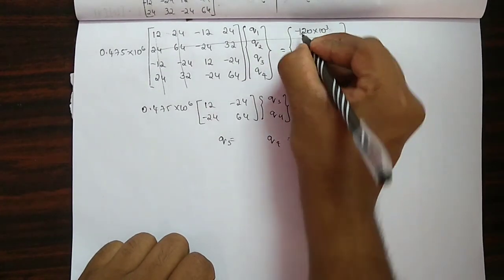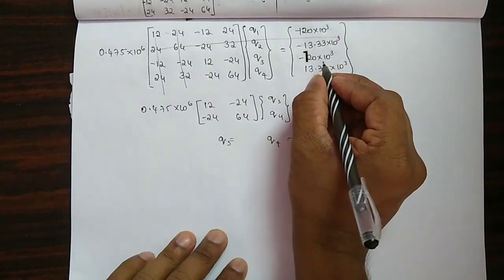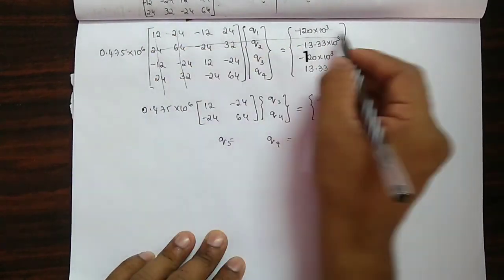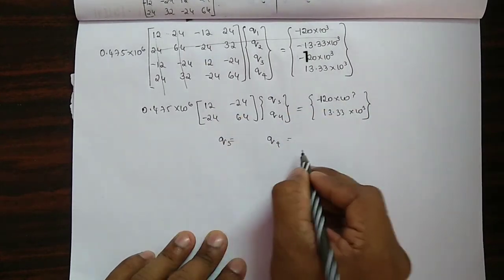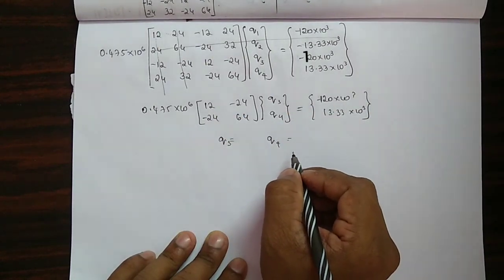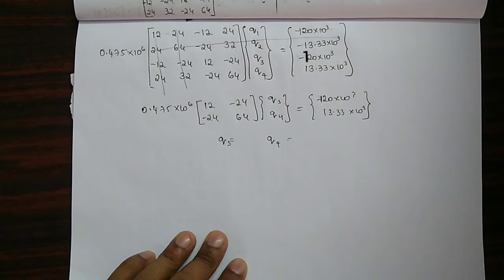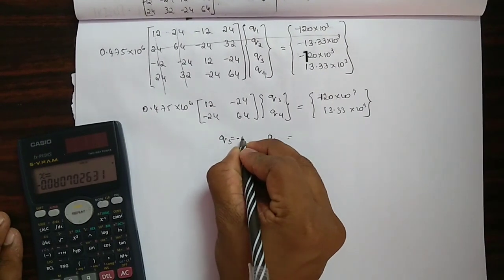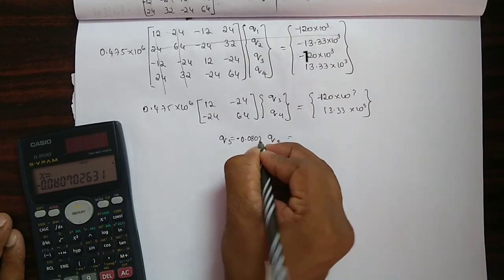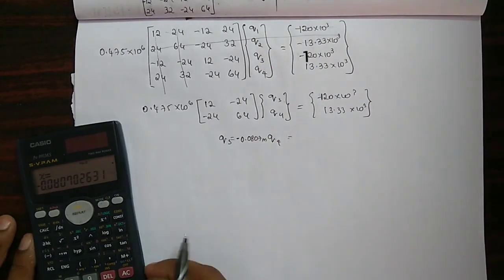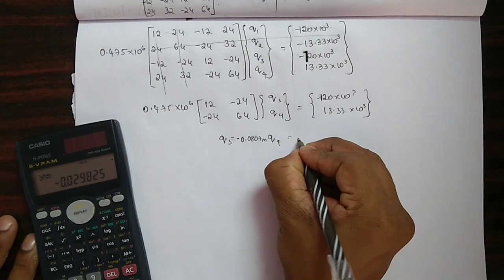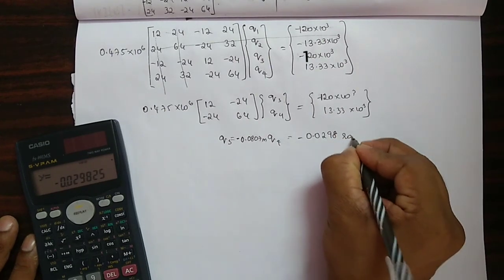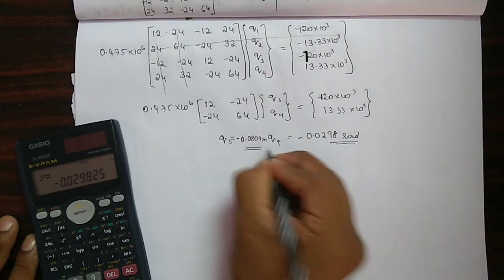The answer I got is minus 0.0807 meter and minus 0.0298 radians. So this is the deflection that we have got.